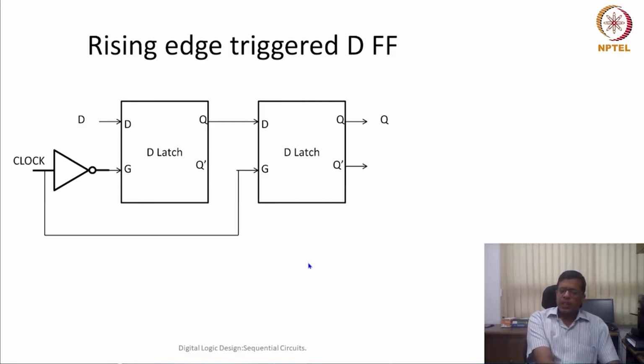Now, since these are all fundamental circuits, they are used almost everywhere, in different combinations, in different places in digital circuits. So there is a lot of focus on designing such flip flops.